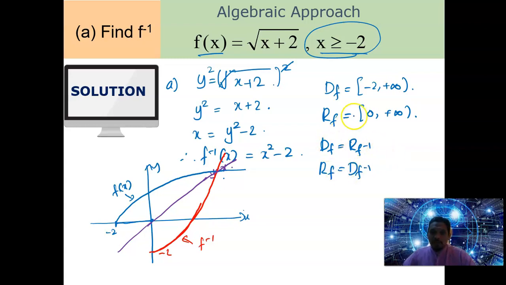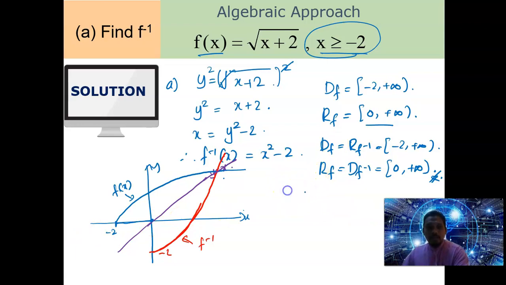So the domain of f is also the range of f inverse, which is negative 2 to positive infinity. And the range of f is also the domain of f inverse, which is 0 to positive infinity.